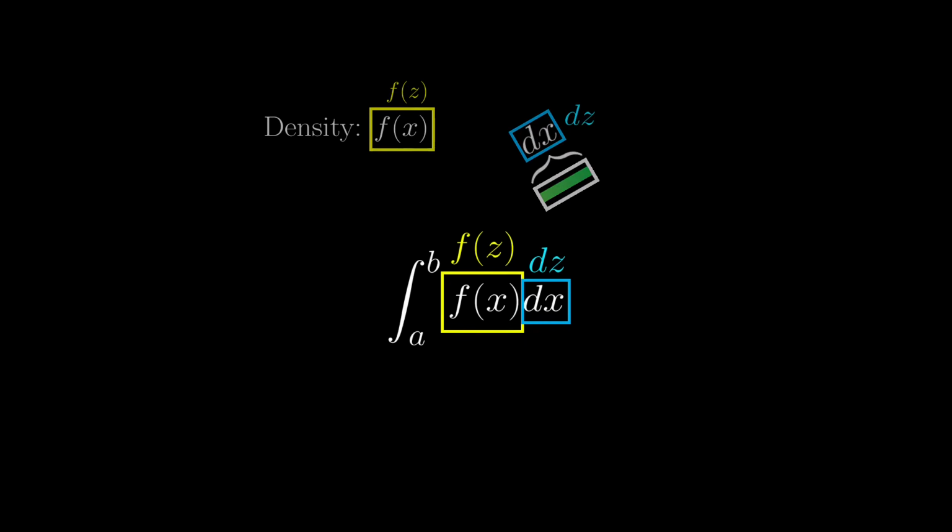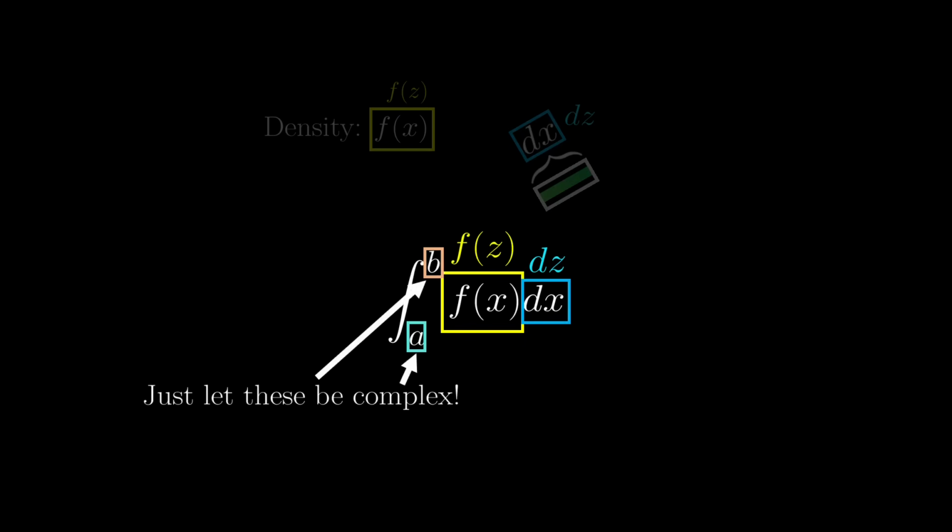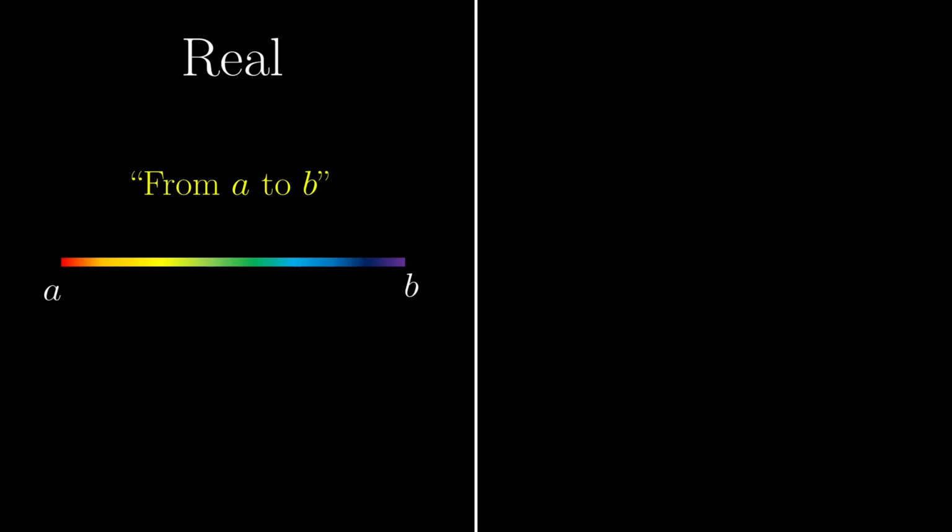The final thing to generalize would be the upper and lower limits. The thing is, we can't just let these limits be complex and call it a day. The difference here is that in our previous case for real integration, saying from A to B isn't ambiguous. There can just be one direction to go.